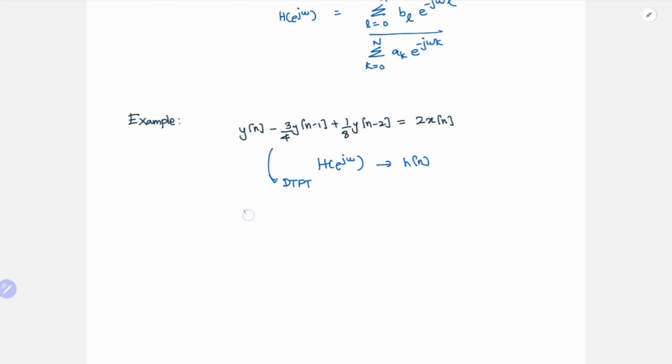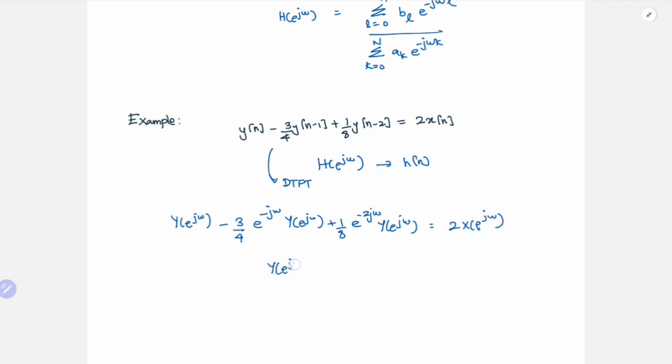I'll get Y of e power j omega minus 3 by 4 e power minus j omega Y of e power j omega plus 1 by 8 e power minus 2 j omega Y of e power j omega equal to 2 into X of e power j omega.